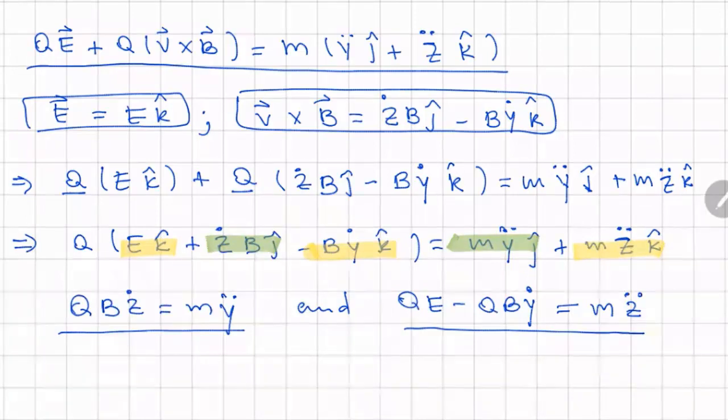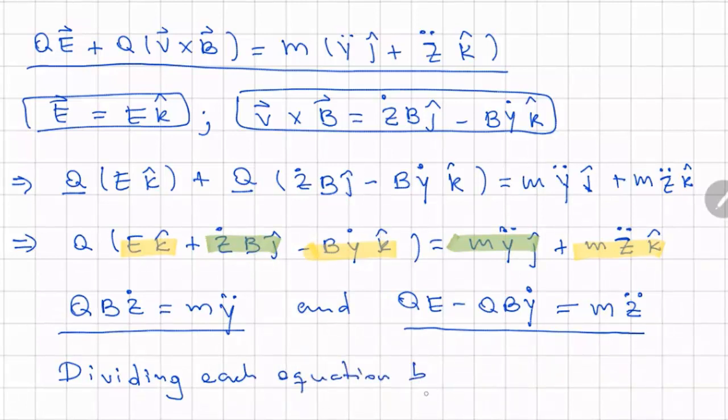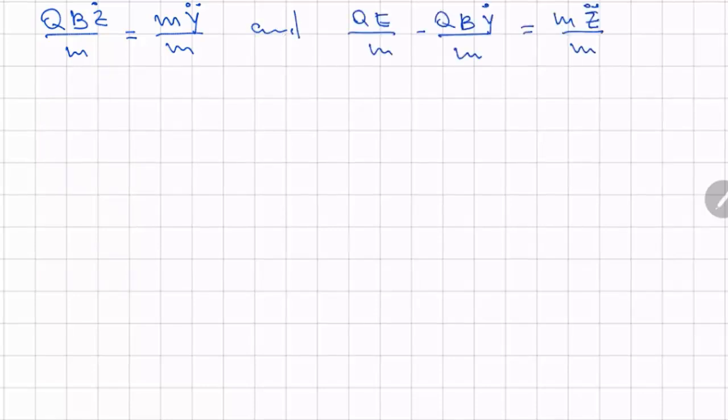Okay guys, so if we divide each equation by m, we get the following: Q B z dot divided by m equal to y two dots, and the same for the second one.